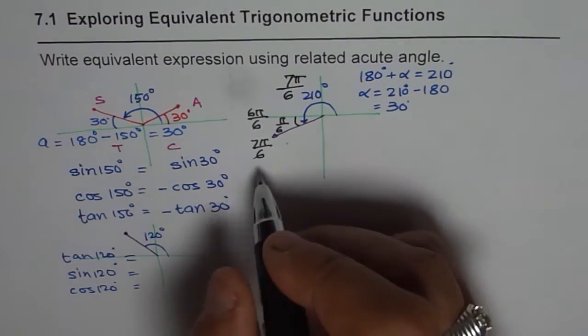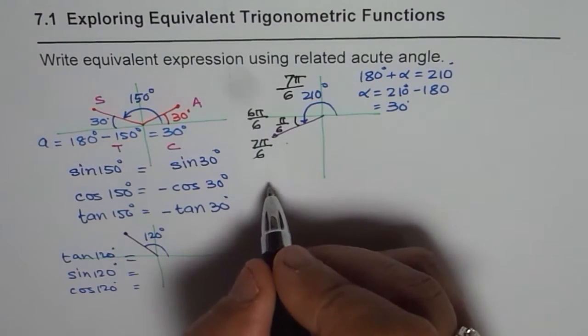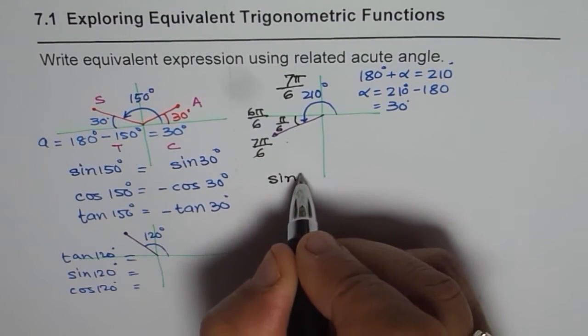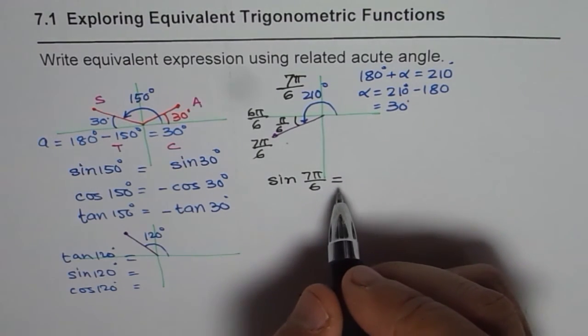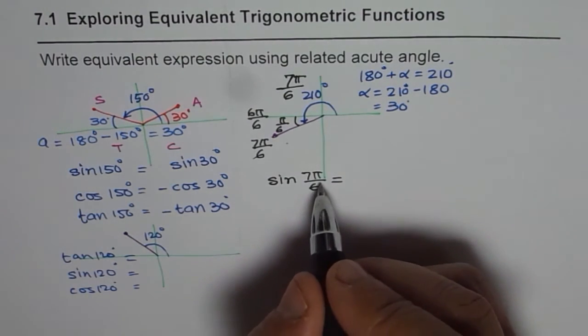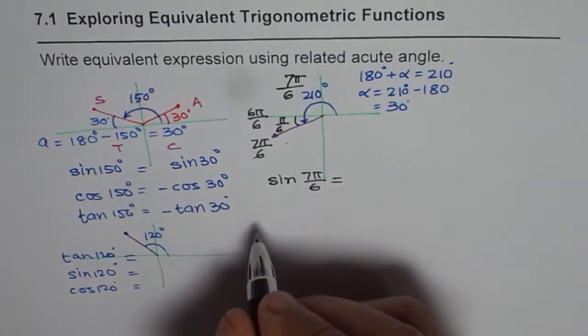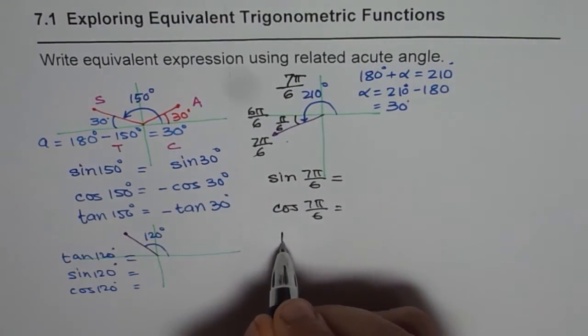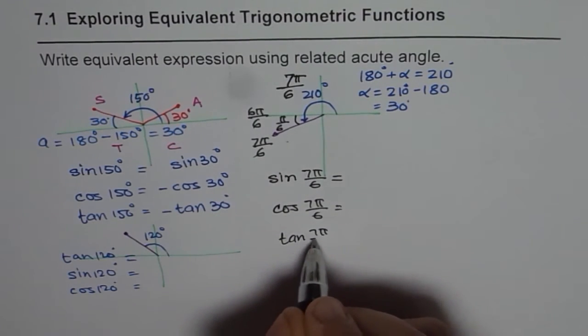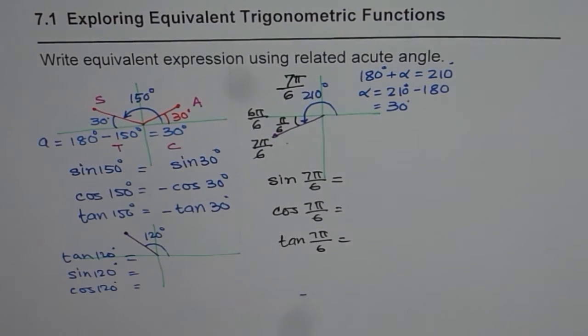Now let me share with you some examples. Let's say I have sine of 7 pi by 6. How can you write this in terms of the related acute angle? We know the acute angle is pi by 6. How about cos of 7 pi by 6 or tan of 7 pi by 6? Can you write down these answers?